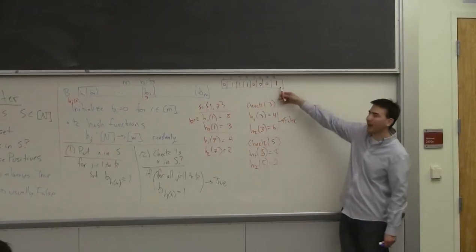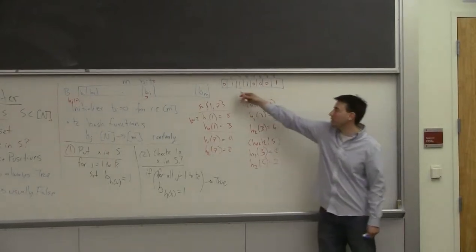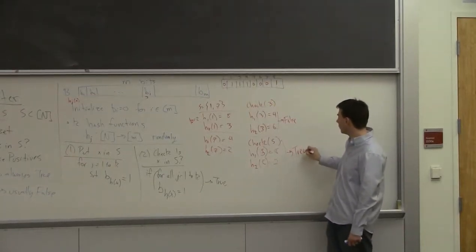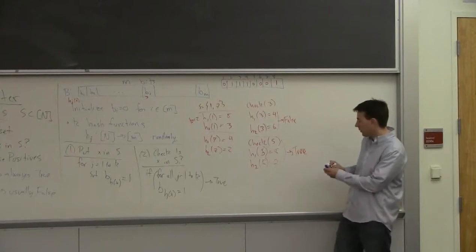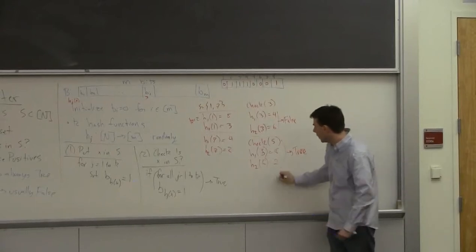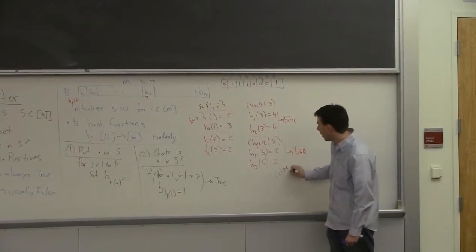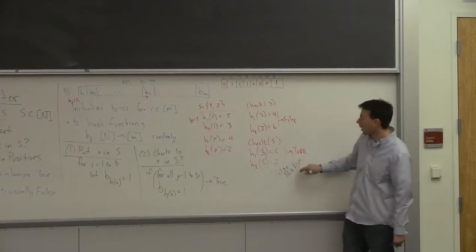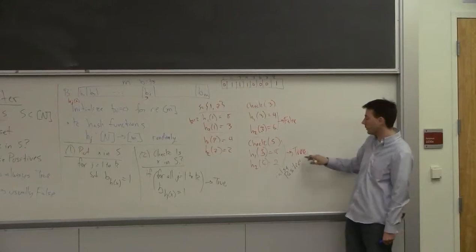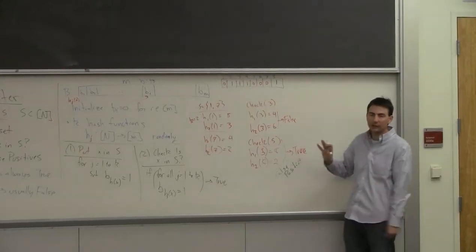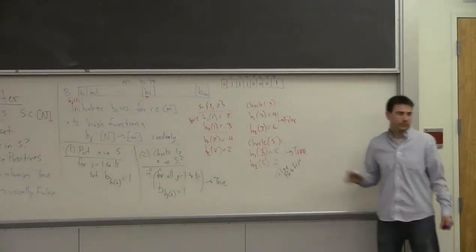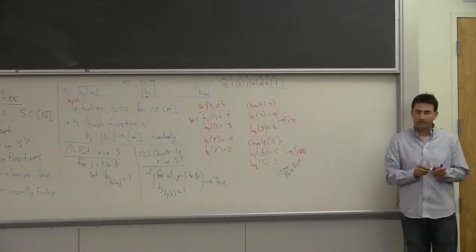Well, then I see 8 has a bit that's 1, and 2 does too, so this is going to return true, and so this is bad. This is a false positive. I return true, but the answer should have been false.